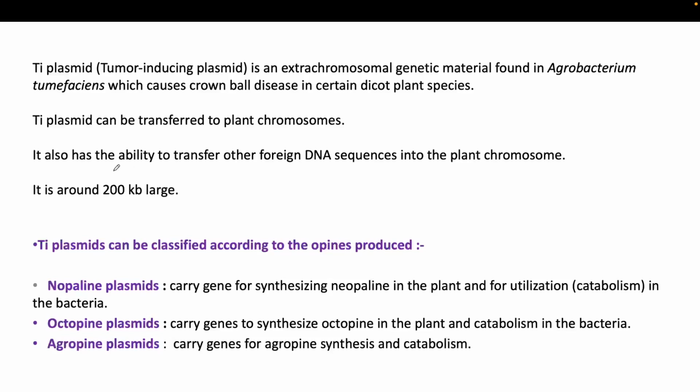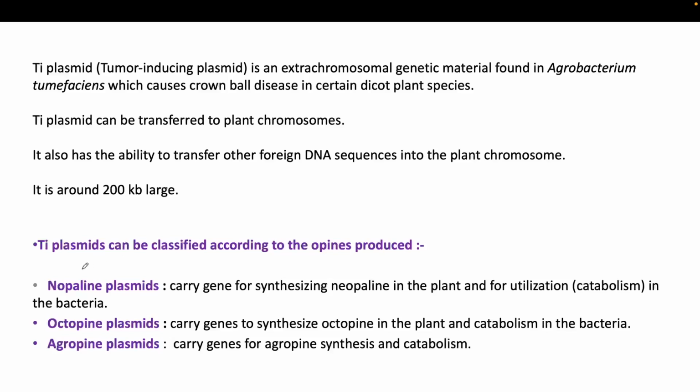It can also transfer other foreign DNA sequences: if we put foreign DNA into the plasmid, it can also be transferred into the plant chromosome. The TI plasmid is around 200 kb in size.